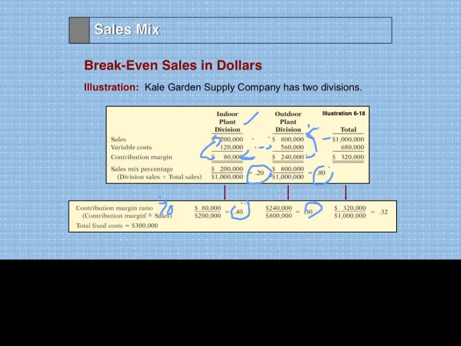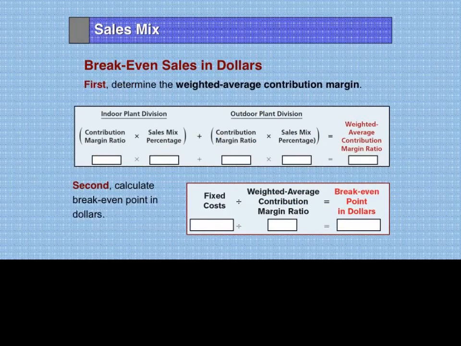But when we calculate the ratio individually, we would have a contribution margin ratio here of 40% times the sales mix, which is 20%, plus the contribution margin ratio of 30% times the sales mix, which is 80%, and it will give us 0.32, 32%.